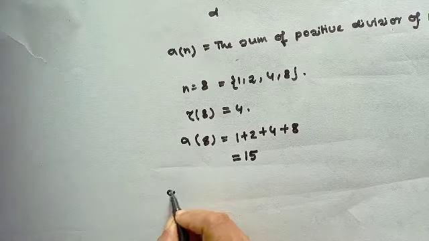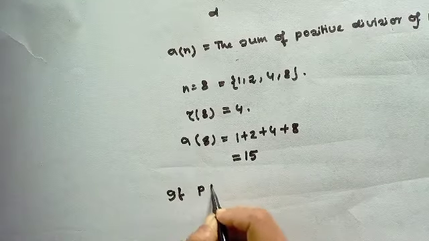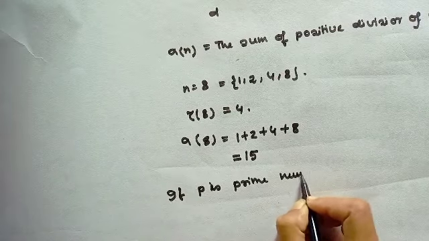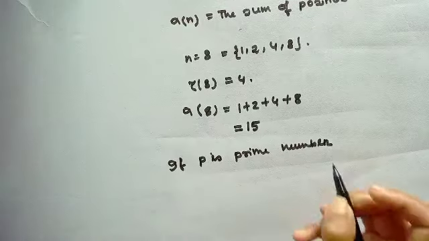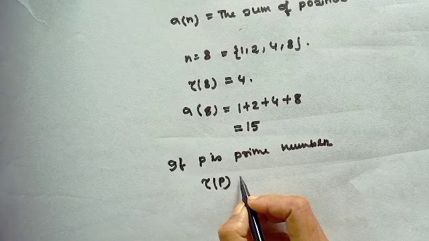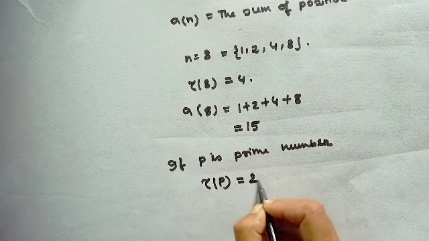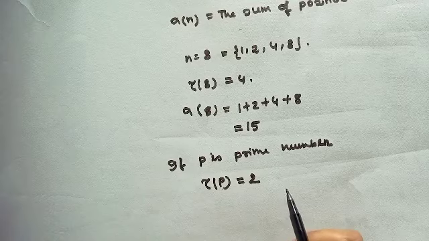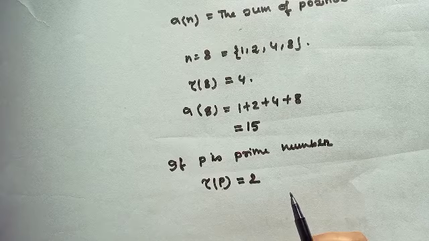If p is any prime number, then tau p equals 2, because only 1 and p are the divisors of any prime number. Okay.